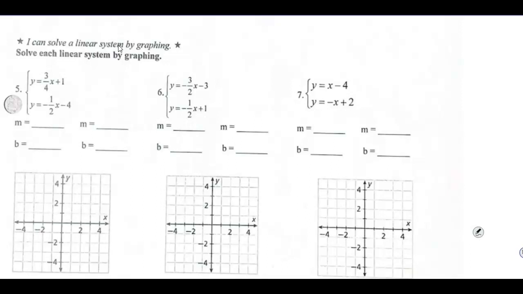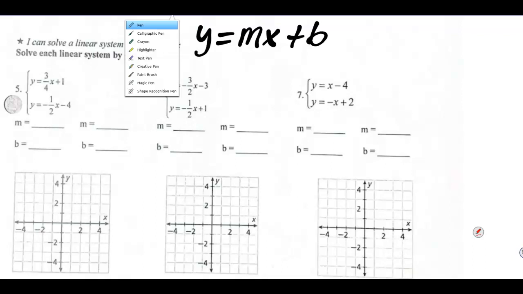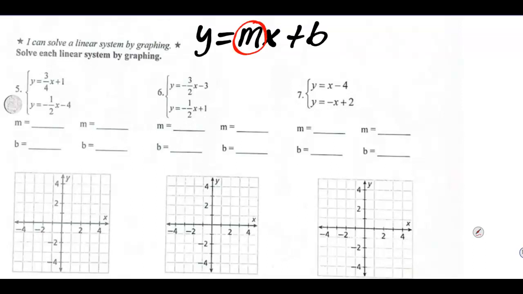The first thing we need to remember is it needs to be in the slope-intercept form, which is y equals mx plus b. So as I'm taking these notes, you should be taking these notes too if you need some extra help. So we talked about how that means that our m is always next to the x.